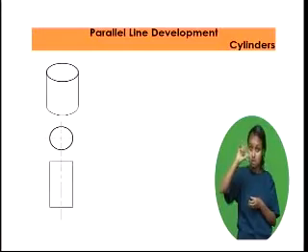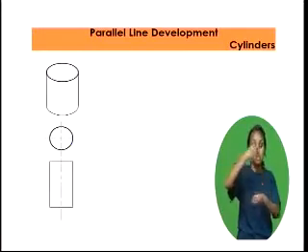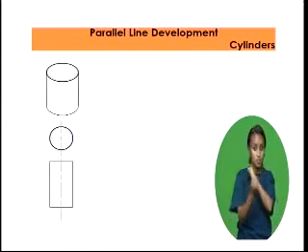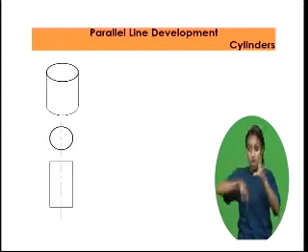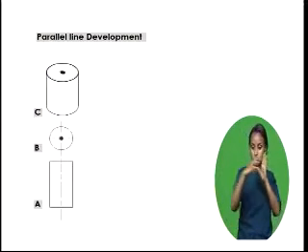In today's lesson, we will discuss the rules and steps used for the development of cylinders using parallel line development. We particularly see how to develop the pattern of a right circular cylinder, a truncated cylinder, and an oblique cylinder. The surface development of a cylinder is based on the parallel line development or stretch-out line method.